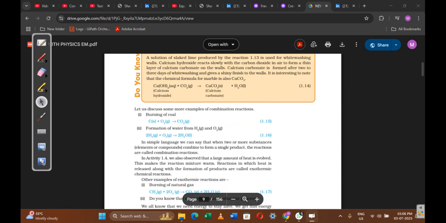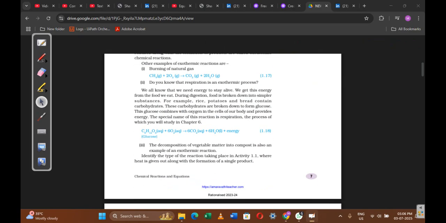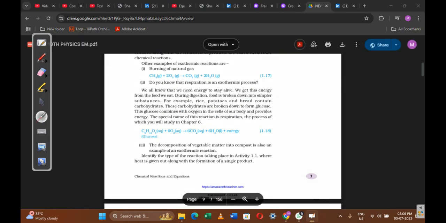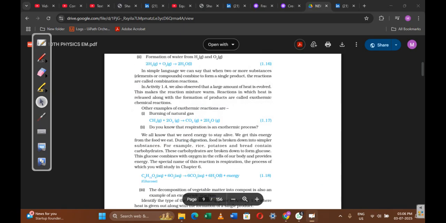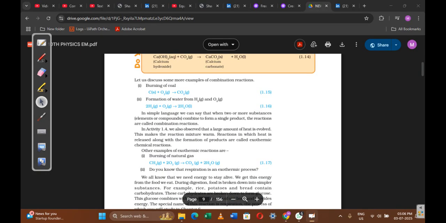Next one is burning of natural gas. This is an example of an exothermic reaction, not a combination reaction.